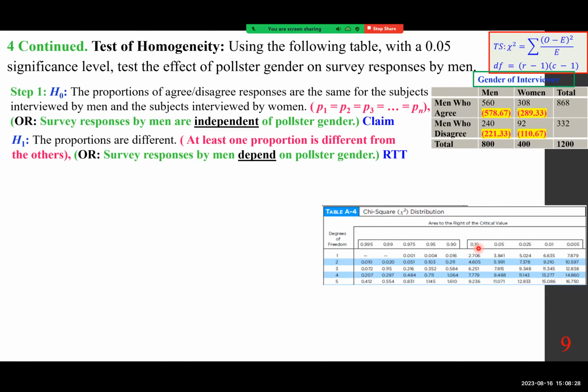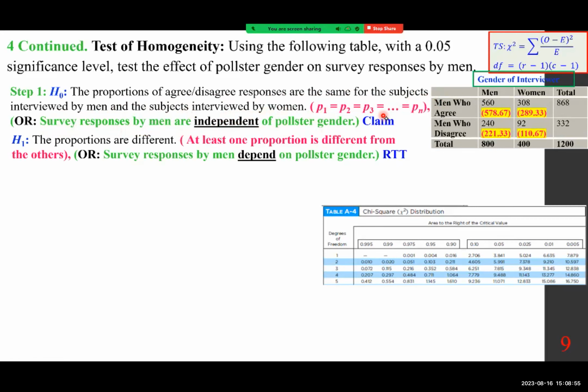So H0, the proportion of agree-disagree responses are the same for subjects interviewed by men and the subjects interviewed by women. In other words, P1 equals P2 equals P3. There were 4 of them, but if there are even 10 of them, you go all the way to P sub n. Or you might say survey responses by men are independent of pollster gender.